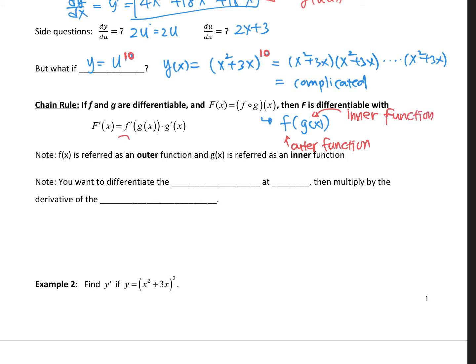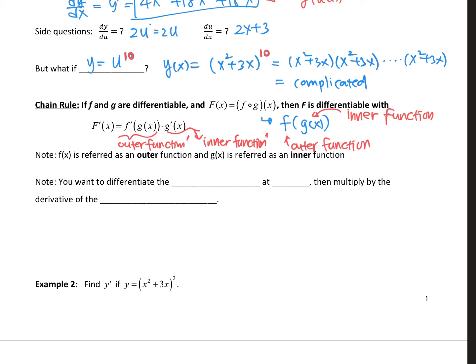So this is the derivative of the outer function. Take the derivative of the outer function, leave the inner function as it is, and then multiply by the derivative of the inner function.